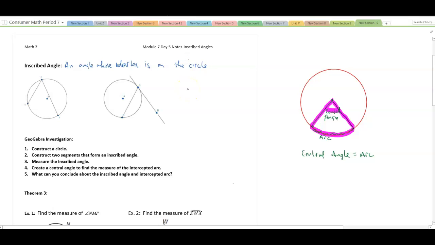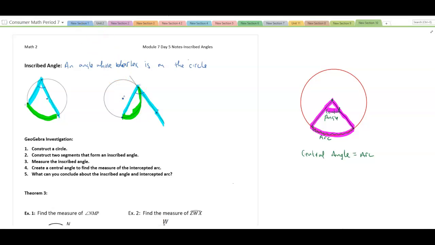If I look, the vertex of this angle here is on the circle, and the vertex of this angle is on the circle. Therefore, this is an inscribed angle, this is an inscribed angle, and these inscribed angles intercept this arc and this arc.